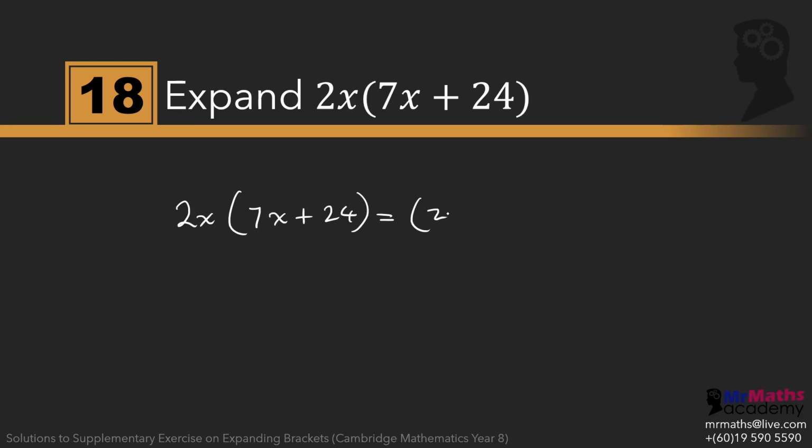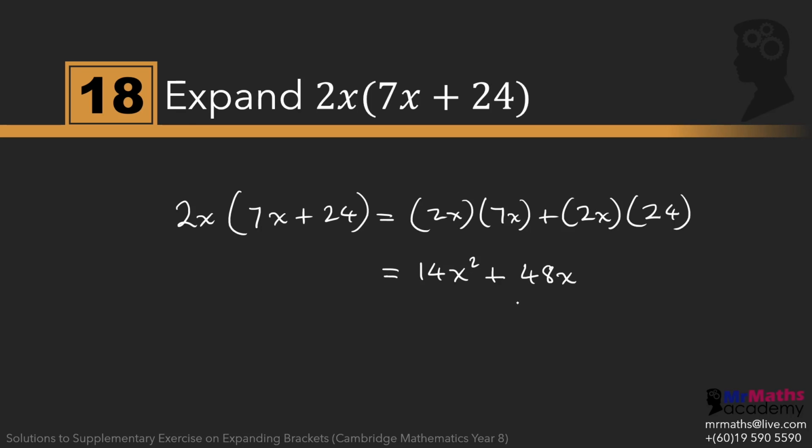So that is 2x times 7x plus 2x times 24. Again, like the previous question, so this is 14x squared plus 2 times 24, which is 48x. So that's the answer.